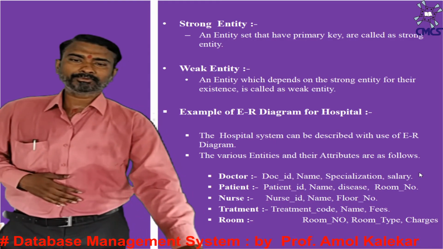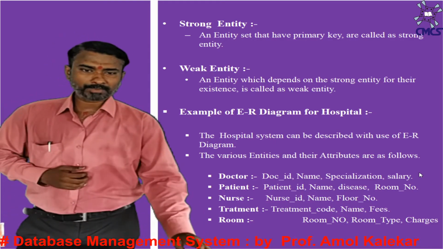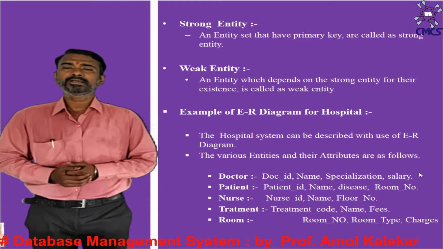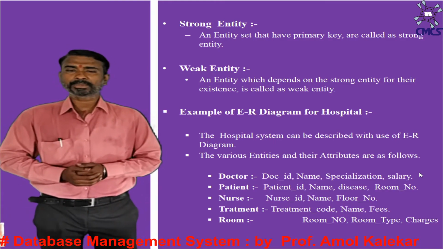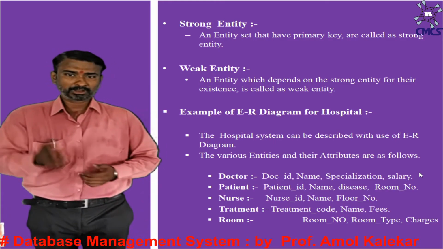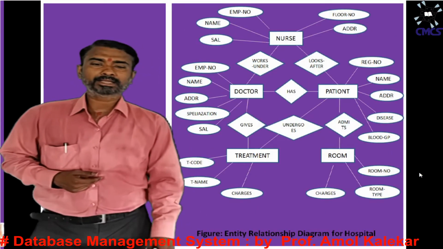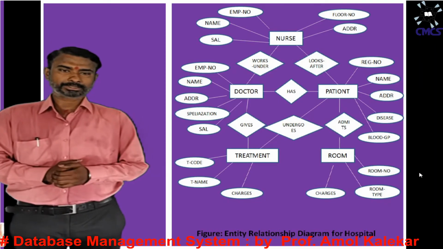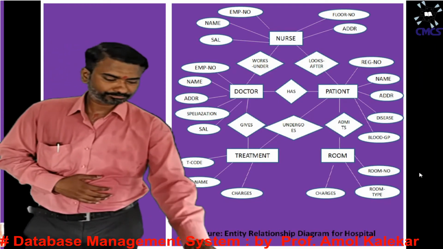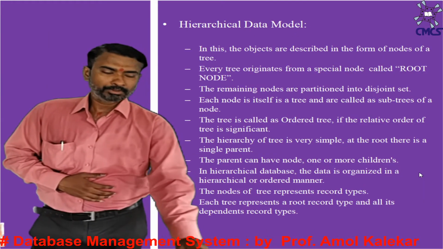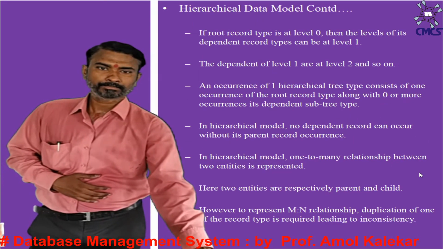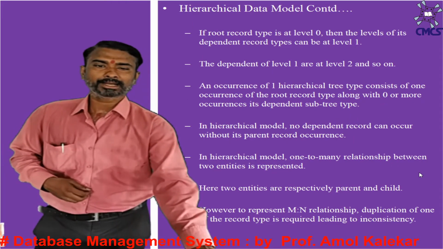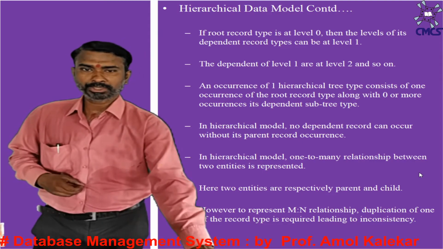Again, I have said that we have taken one example of hospital management system where we have identified the basic entities, that is doctor, patient, nurse, treatments, rooms along with their respective attributes, and this is the diagram of the hospital management system. Okay. So these things, that is the hierarchical model, we have already mentioned earlier.